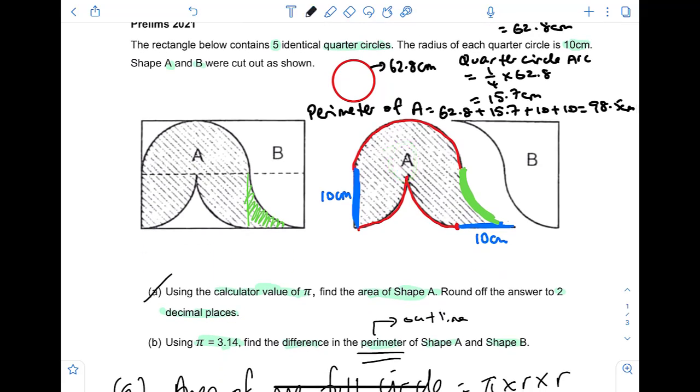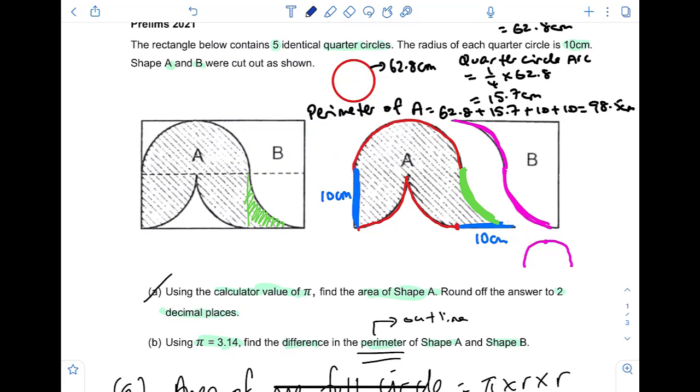Now for part B, what is the perimeter made up of? Look at this pink line here plus here. These two are quarter circle arcs each, and if we join them together, one pink quarter circle arc plus another quarter circle arc, we get a semicircular arc.